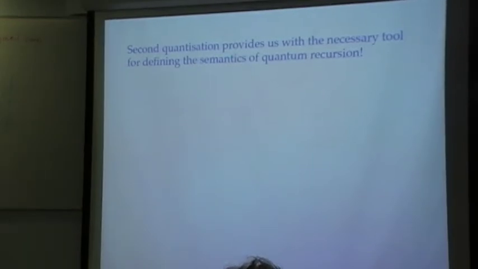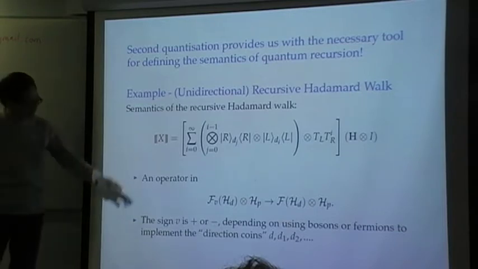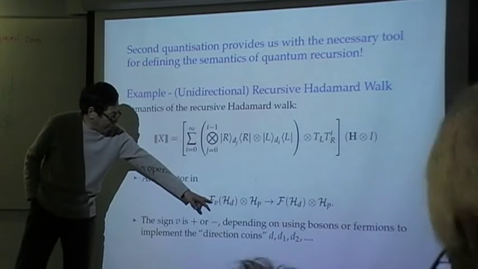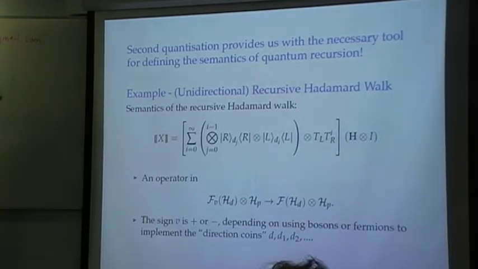Now we have this second conversion that it can be used to define the semantics of quantum recursion. Again, we come back to this example. The semantics of this recursive Hadamard walk is the operator from the Fock space F(H_D) tensor H_P to F(H_D) tensor H_P.